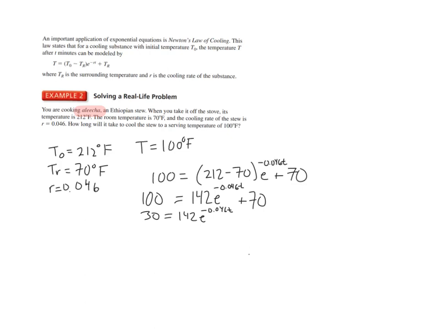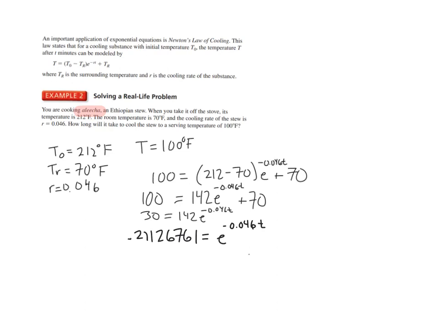It's going to give me 0.2112676, and I'm just writing a lot of it so that way I can have a good quality answer. And then I have e to the negative 0.046 t, okay?